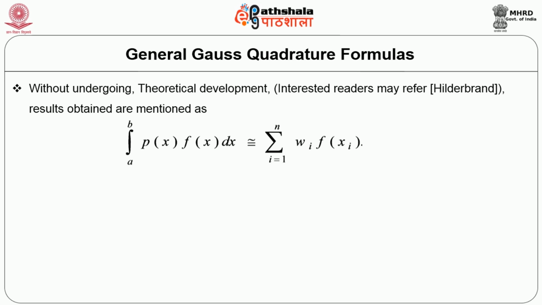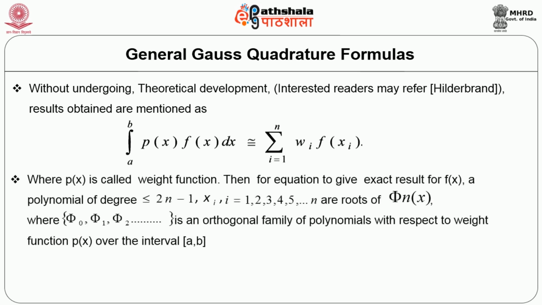In the formula, integral a to b of p(x) into f(x) dx, this p(x) is called the weight function. So far we were integrating a to b f(x) dx, so p(x) was 1 in our consideration. So, the general treatment is integral a to b p(x) f(x) dx is equal to sigma i equal to 1 to n of wi f(xi).